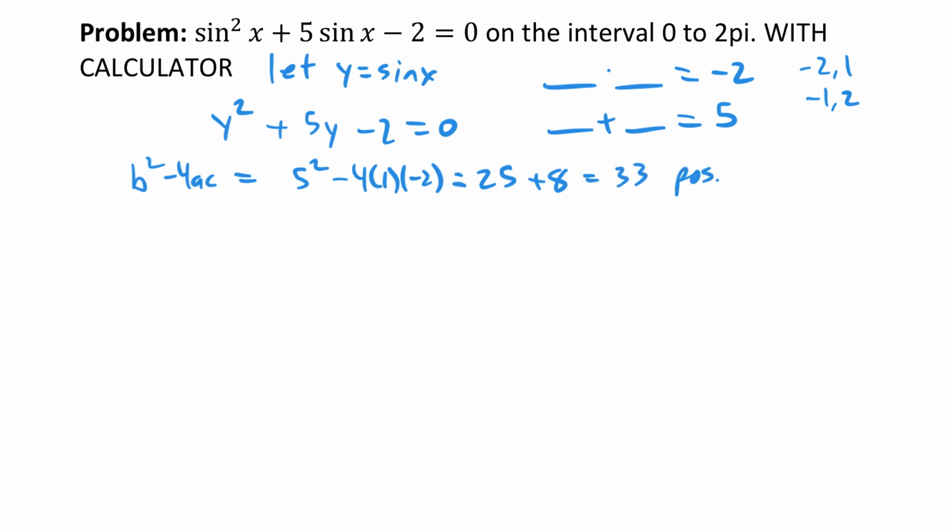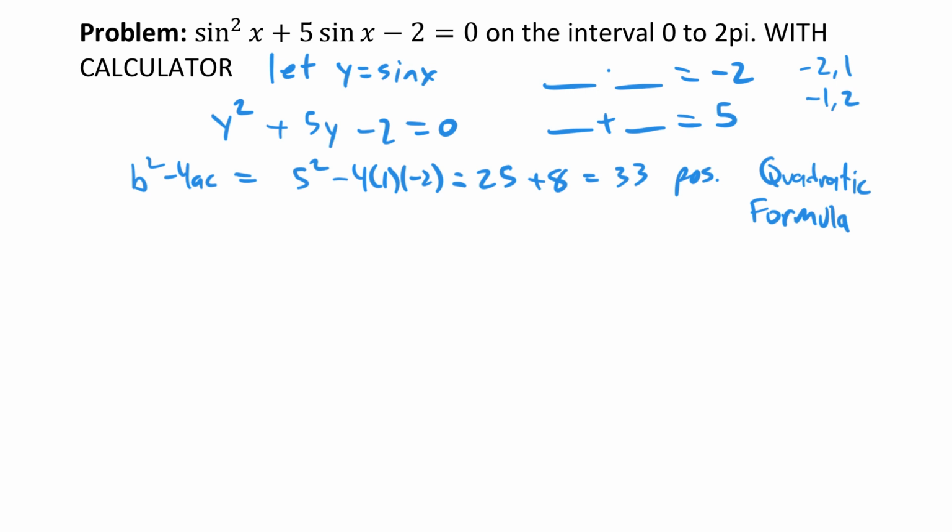That's positive. So it definitely factors, but we can't see the factors. And this is unfortunately that situation where it factors, yes, but it doesn't factor nicely. It factors using the quadratic formula.